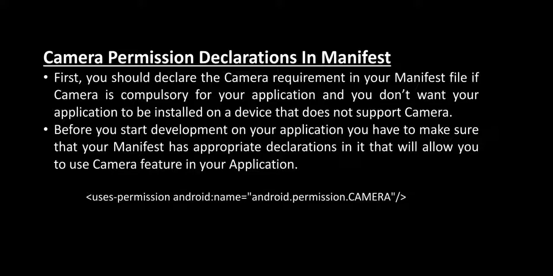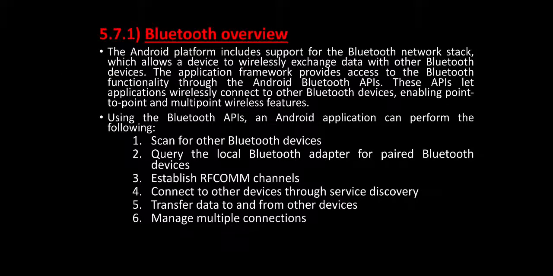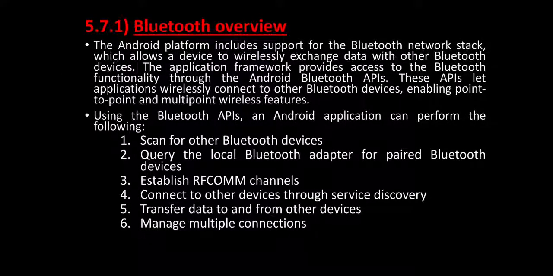Before you start the development of your application, you have to make sure that your manifest has the appropriate declaration in it, and it will allow you to use the camera feature in your application. Write down this code inside the Android manifest file, that is uses-permission name android.permission.CAMERA.